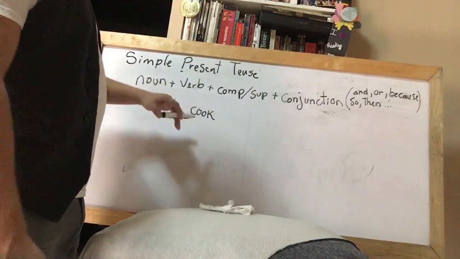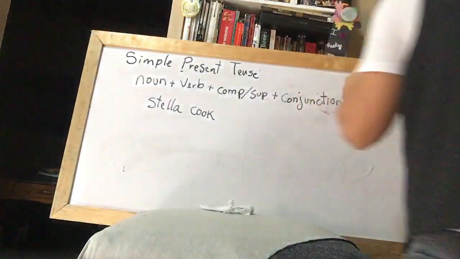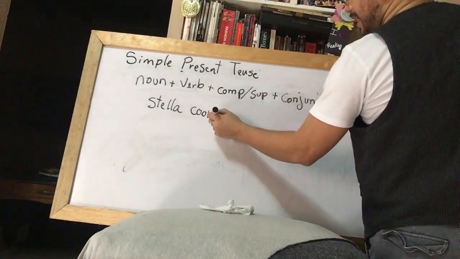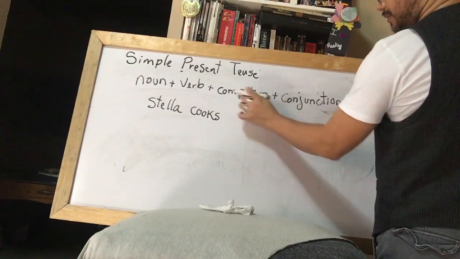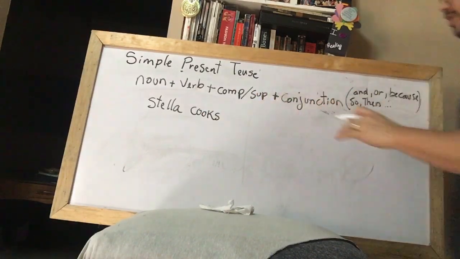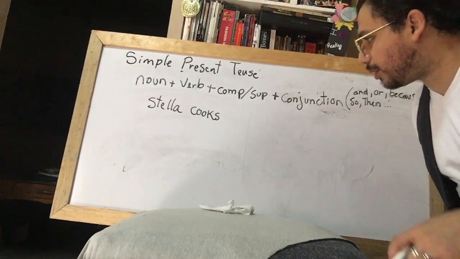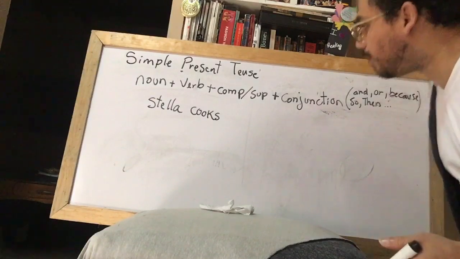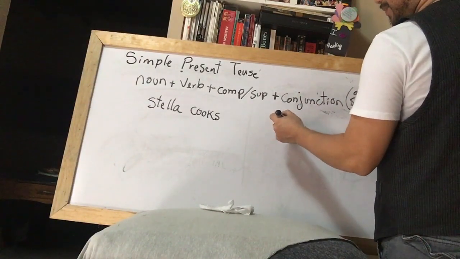And remember, because we're talking about the third person, we have to add what? S. Excellent. Stella cooks. And then comparative or superlative plus this. Now, we can choose any word that we want to add in this case. And you can choose them from the words that you were doing in your past homework. So you can write Stella cooks quick.